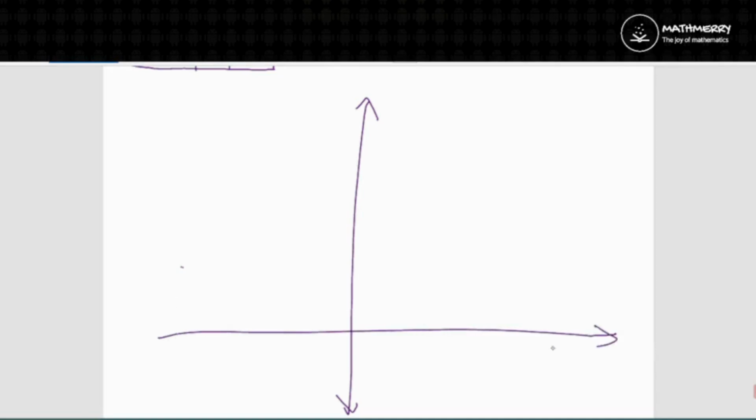So when you draw the graph, this is our x dash x and y dash y.